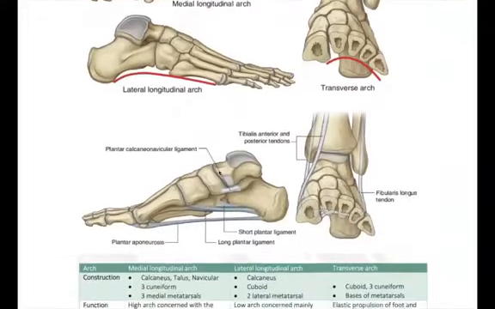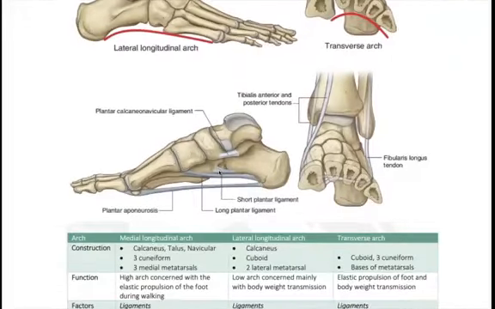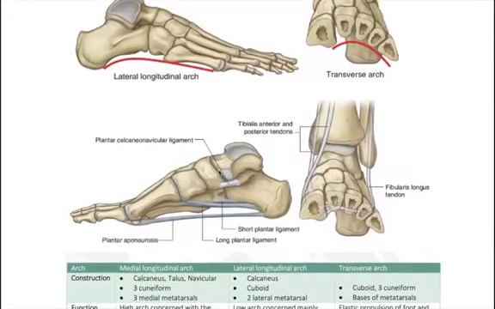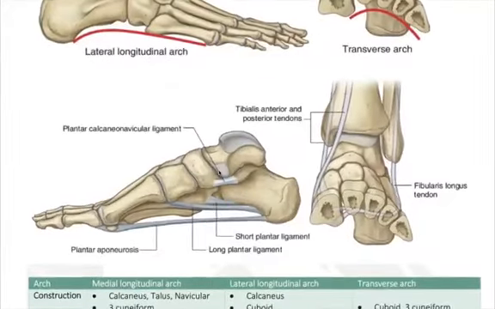Next, you have to know about some ligaments. On the medial aspect, you can see 3 main ligaments. One is the plantar calcaneonavicular ligament. Can anyone tell me what is the other name of this plantar calcaneonavicular ligament?